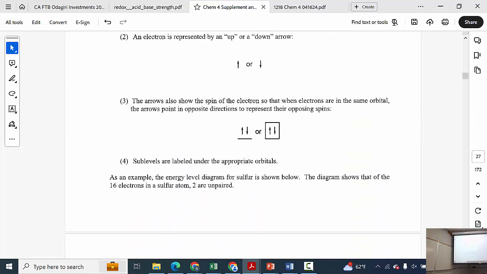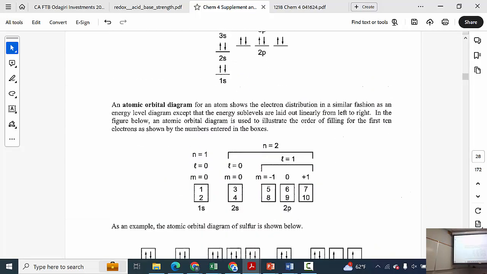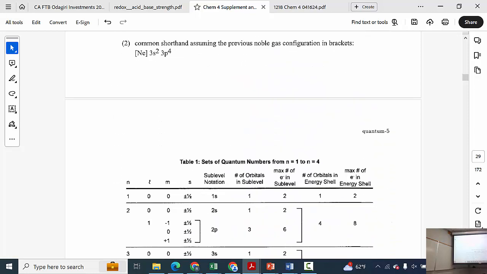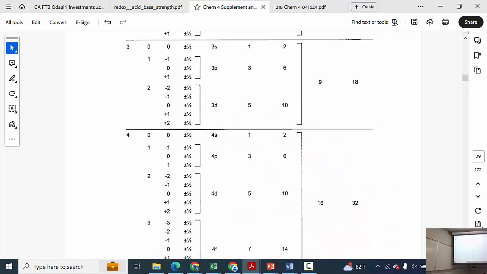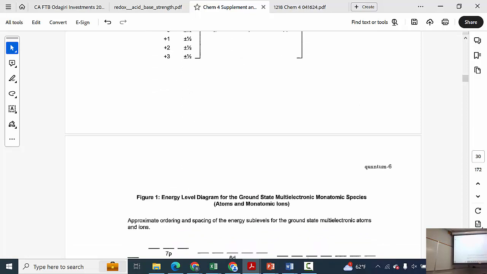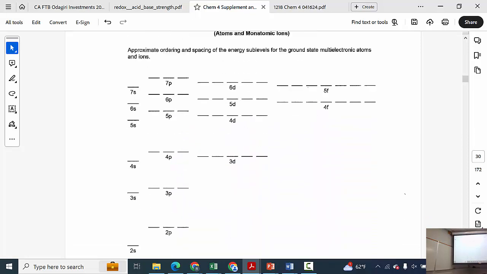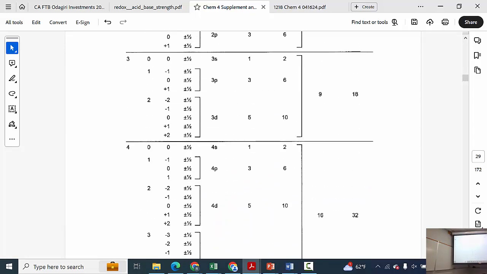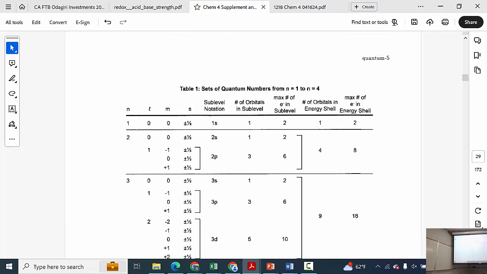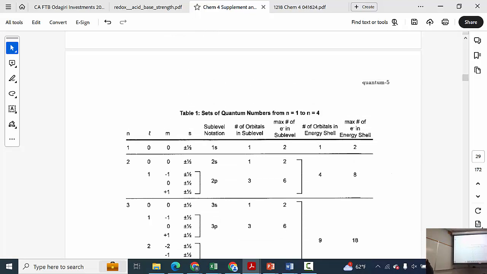And what we're going to do is generate a list of all the allowed orbitals based on the restrictions of the quantum numbers. So these are mathematical restrictions that come from the Schrodinger equation.